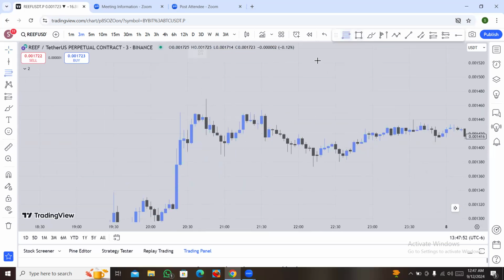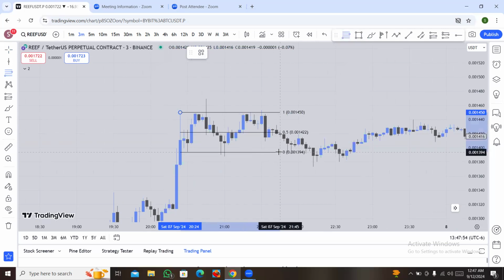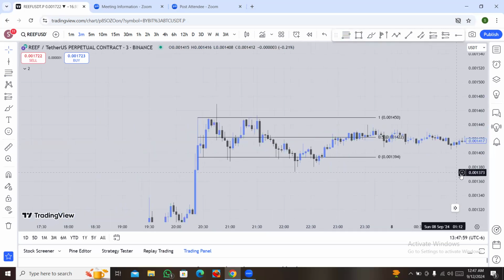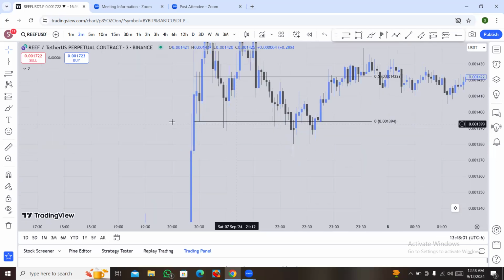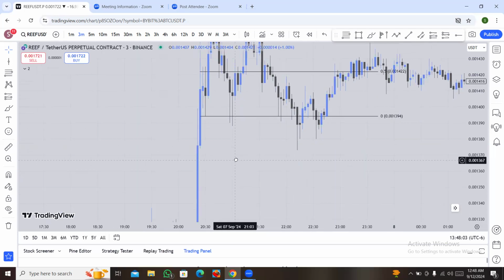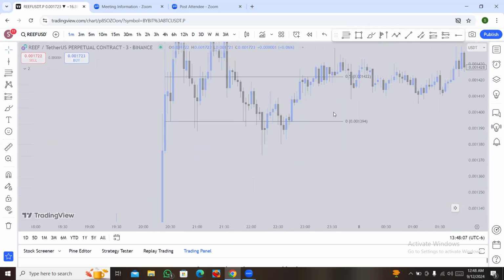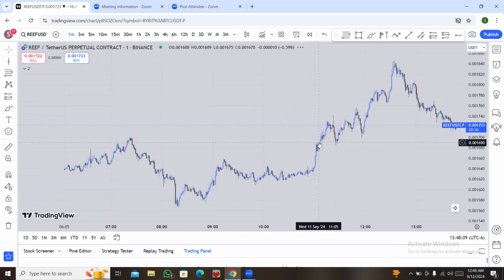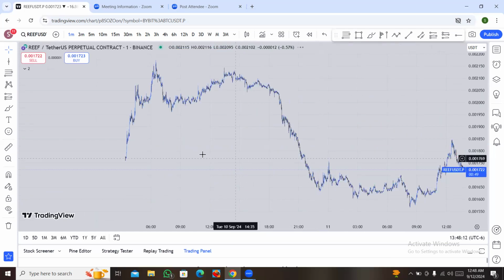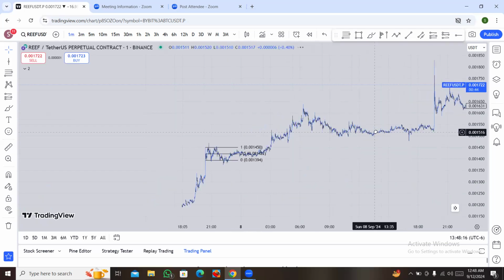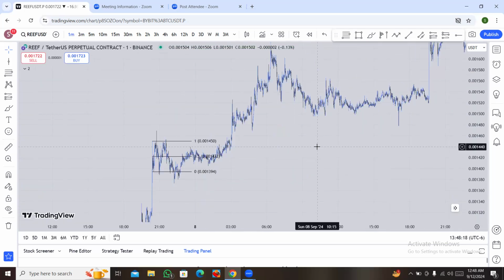Pullback happened. What's the rule? Mark high and low. It is M3. On M1, I suppose there will be a red candle. No, there is nothing.